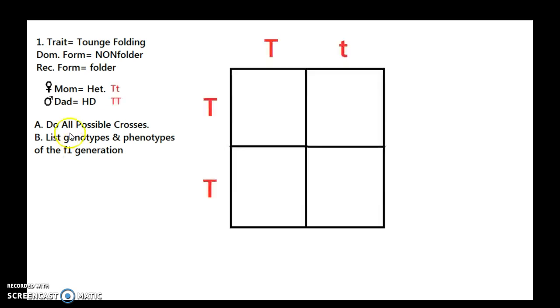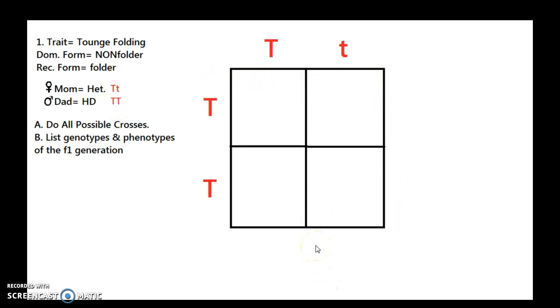So to start out, we know what the genotypes of mom and dad are. Mom is het, so I'm going to use T's for this one, for tongue. If mom is het, we need a capital T and a lowercase t. If dad is homozygous dominant, we need two of the same and they need to be dominant, so I give him two capital T's. Then I draw this box here.